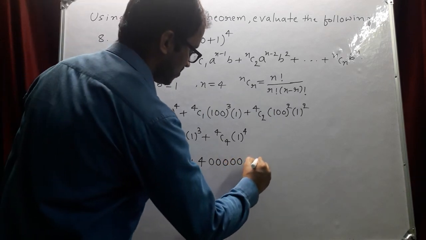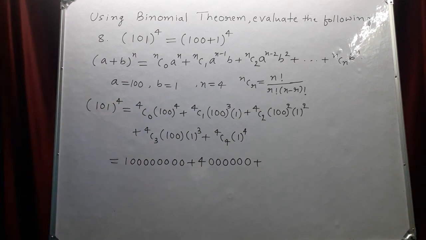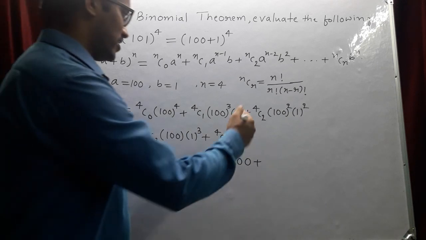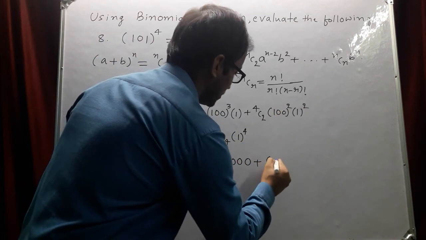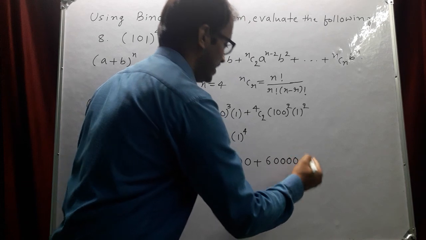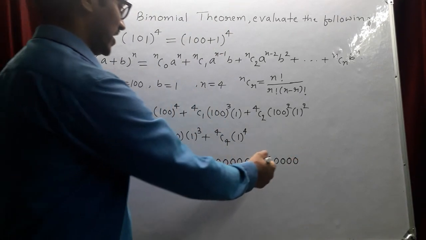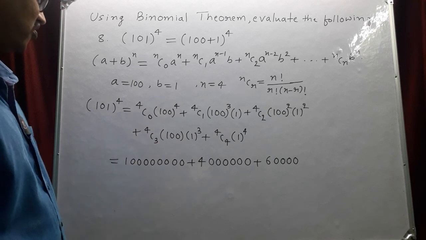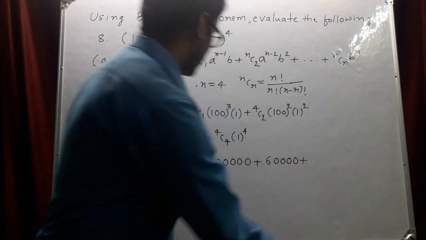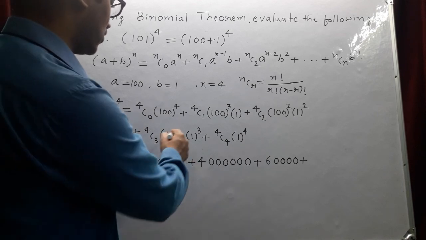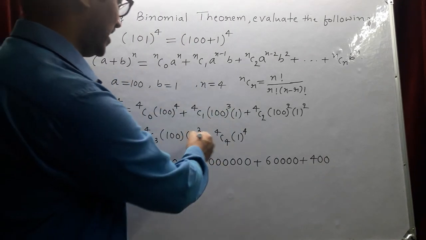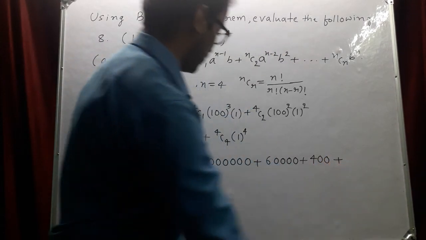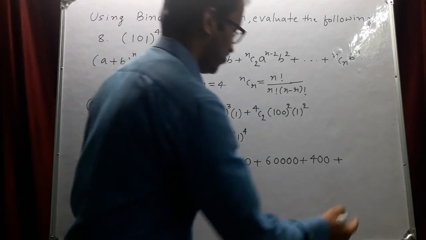Plus 4C2, 4C2 means 4 factorial by 2 factorial into (4 minus 2) factorial, so that is 6. 6 into 100 square, 100 square is 10,000, so we get 60,000. Plus 4C3, the value is 4 into 100, so that is 400. Plus 4C4, value is 1 into 1 power 4, which is 1.